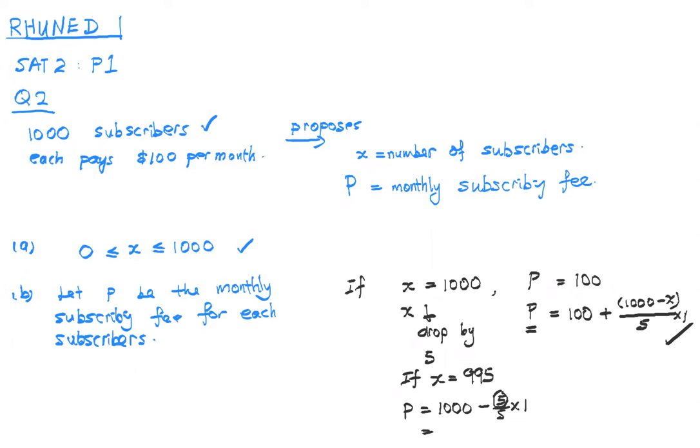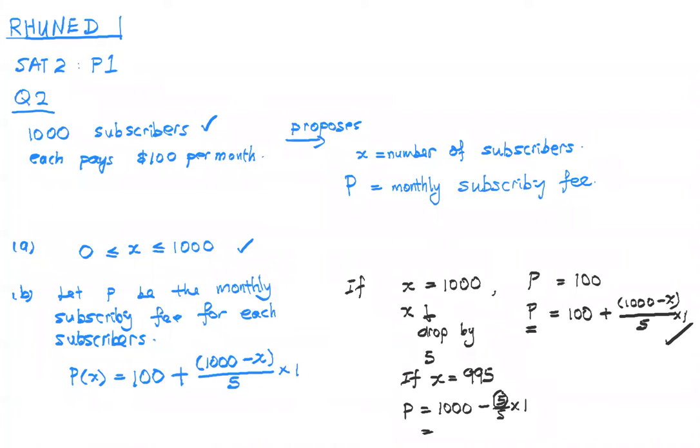So you write down P(X) will be equal to 100, the original. Now you increase, so this comes from the word increase; you don't have to tell the examiner, you put a plus. Then you count how many 5 drop, so you take the original 1,000, take away the number of subscribers, divide by 5 times 1.